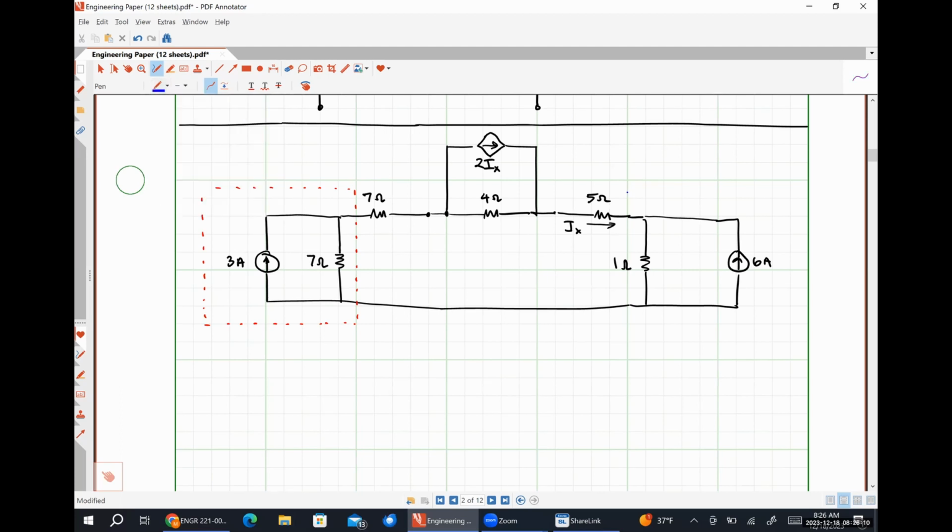I have a practical current source over here to the right, I'll box in blue. And I have a practical current source up here on top that I'll box in purple. So even though it has a dependent source, it's still a practical current source because it's in parallel with a resistor.